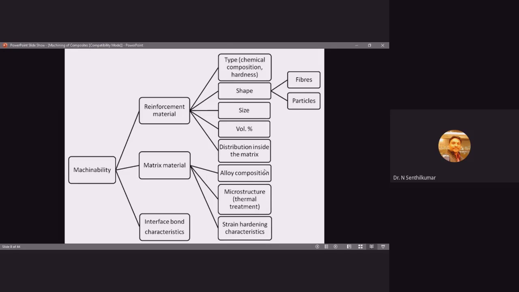Then strain hardening solutions. So this is also one of the important things. You can see fewer papers on strain hardening effects because it requires special addressing. So you can have a very good research paper on the strain hardening characteristics.